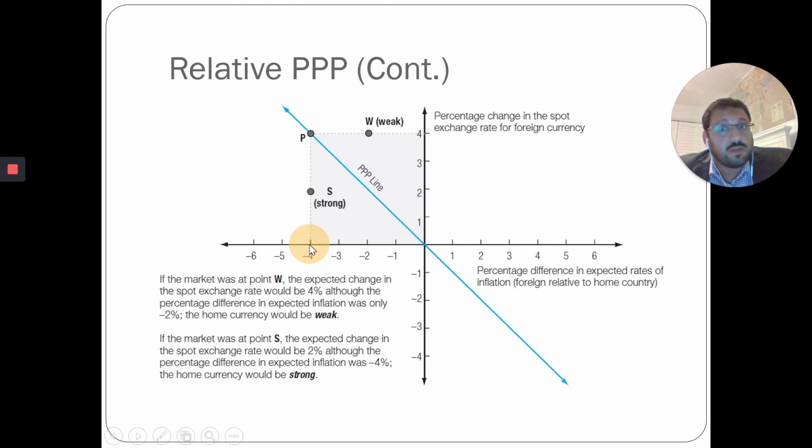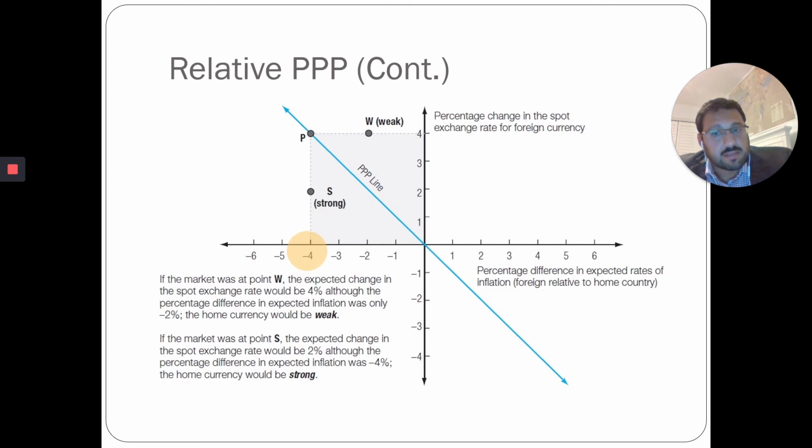The relative purchasing power theory suggests that whatever is the differential inflation rate, the foreign currency will change in the opposite direction.